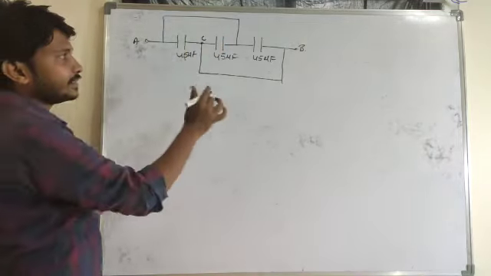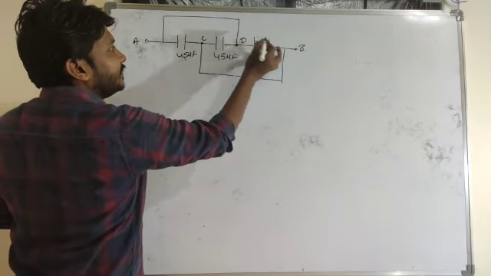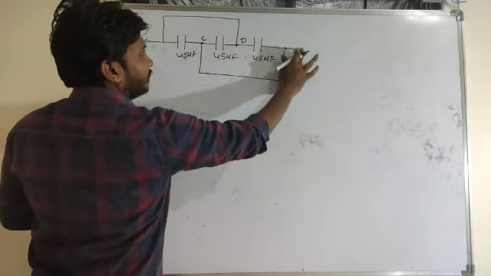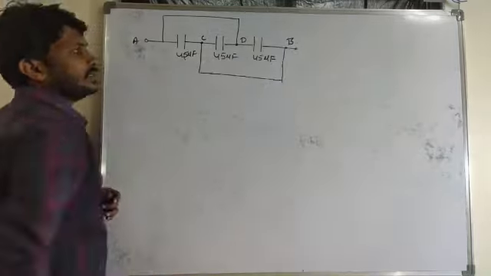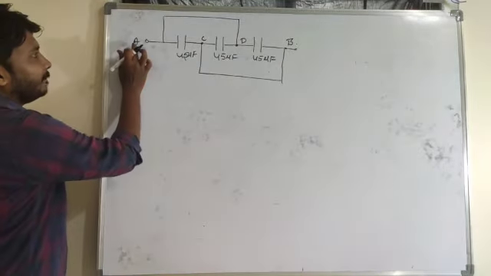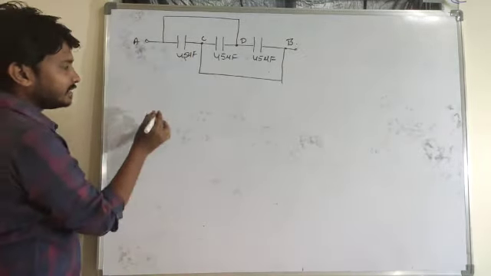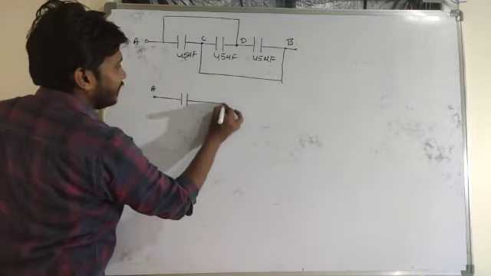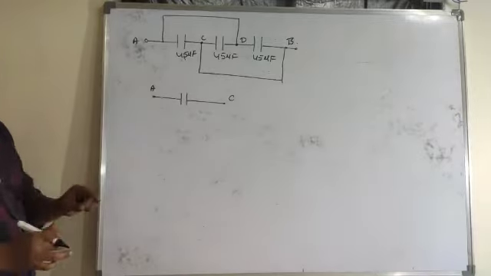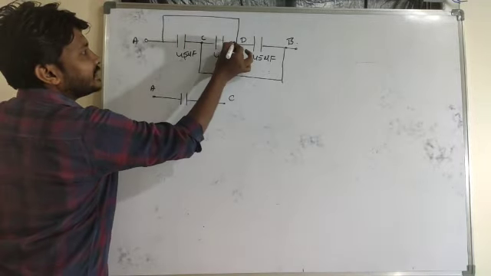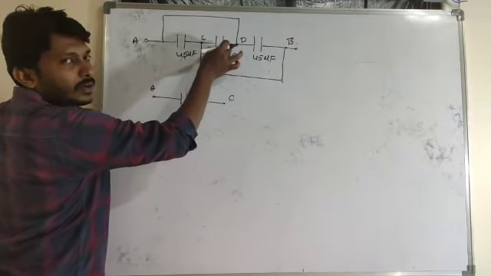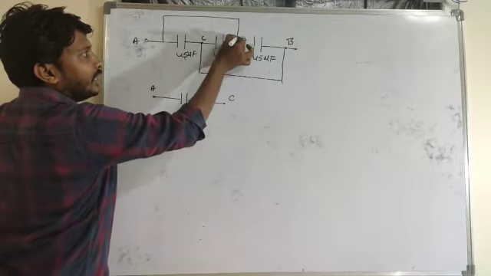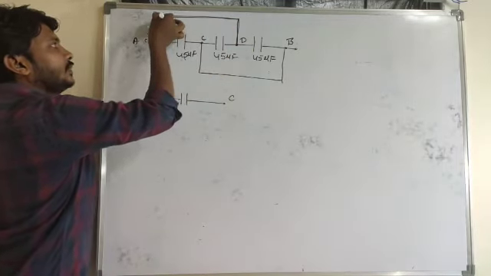Let me take this as C, this one as D, and this one as B. Now look at here between A and C. One capacitance is there. This one is A and this one is C. Between C and another point D, one more capacitance is there. But again D is connected to A here.